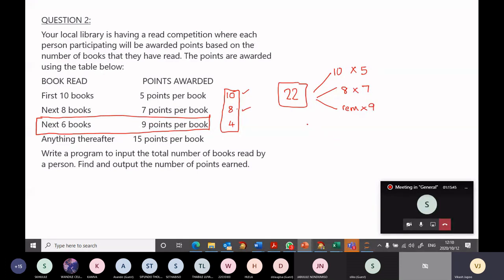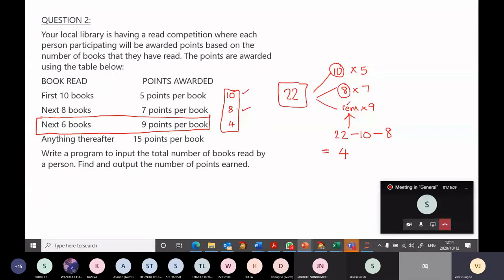But how do I work out the remainder? The remainder is my total, which is 22, minus the first 10, and minus the next 8. And that gives me 4.